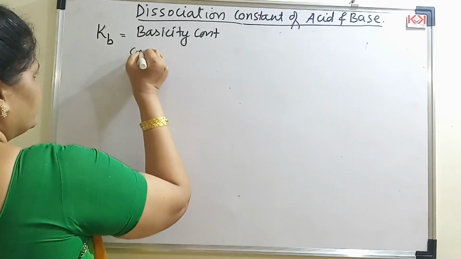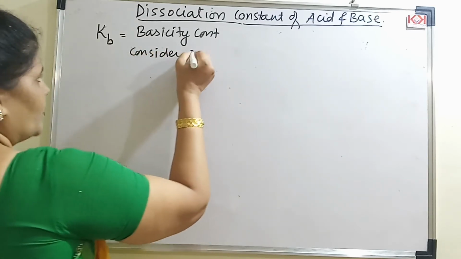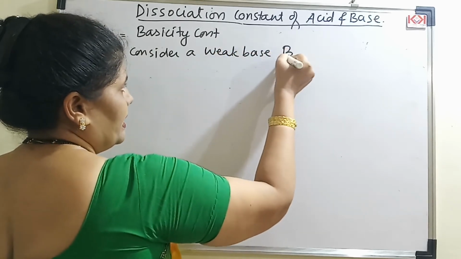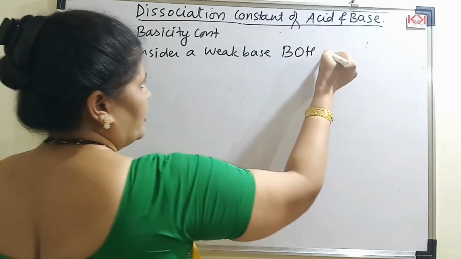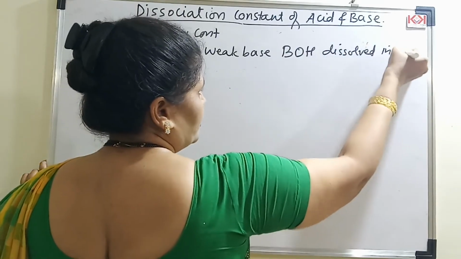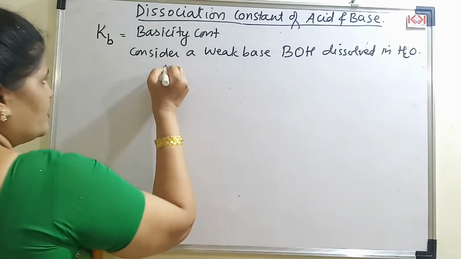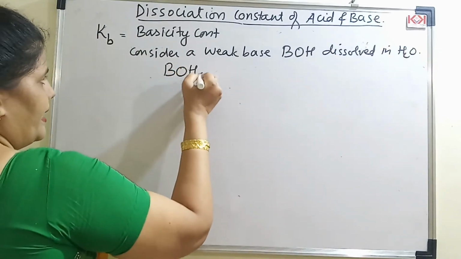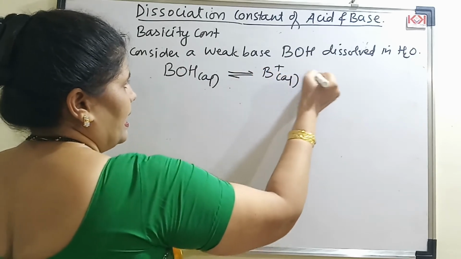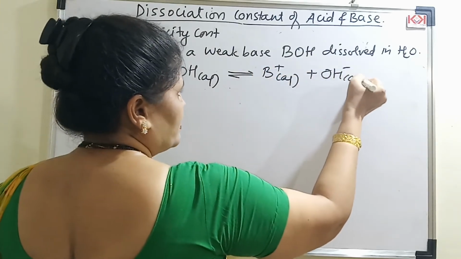Consider a weak base. I will take BOH dissolved in water. Now how will this dissociate, student? BOH aqueous will give you B plus and OH minus ions.